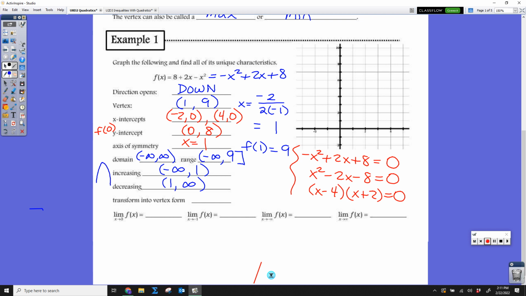Yes, sir? So why would I not put a bracket after 1? Say it's including that one. Hold on a second. Ask me again. Why would I not put a bracket there when I say it's including? Okay. Increasing, decreasing. Everybody can see your eyes real quick. I want you to hear it. I've said it before, but I want you to hear it again. If we're talking about increasing, decreasing, just use parentheses. Only use parentheses.